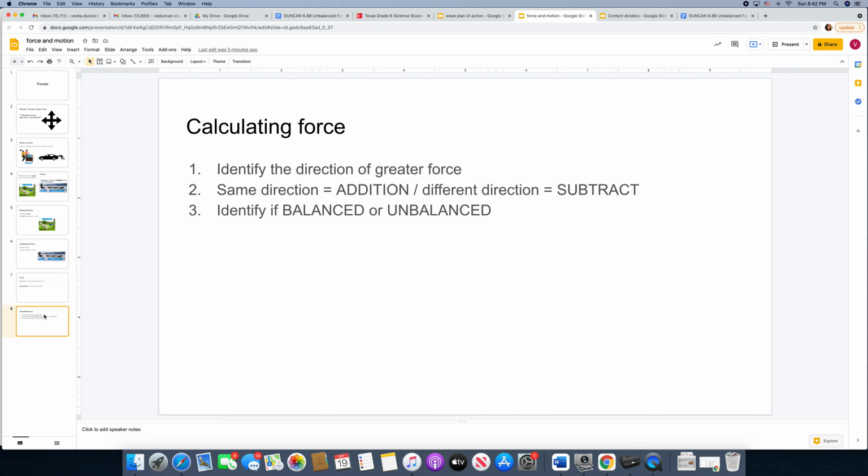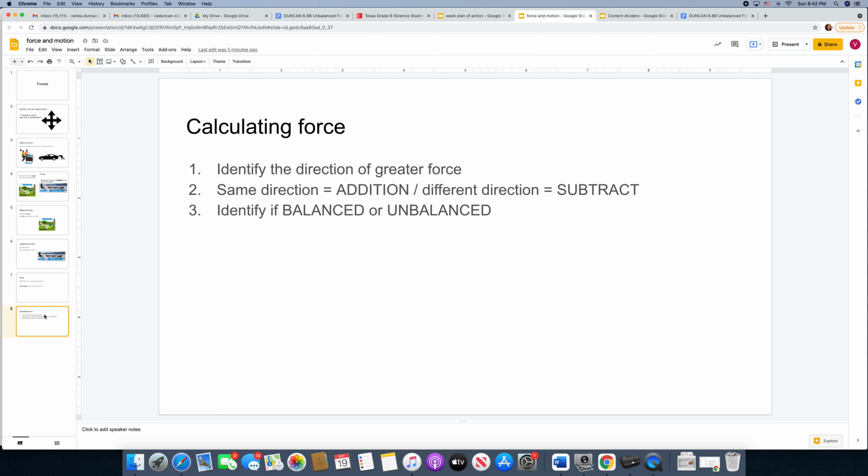For calculating force, more particularly net force, the first step is to identify the direction of greater force. Secondly, if the direction is going the same way, you're going to add.